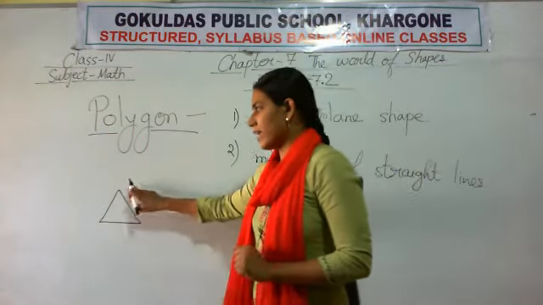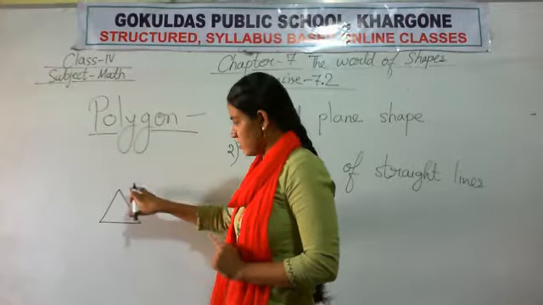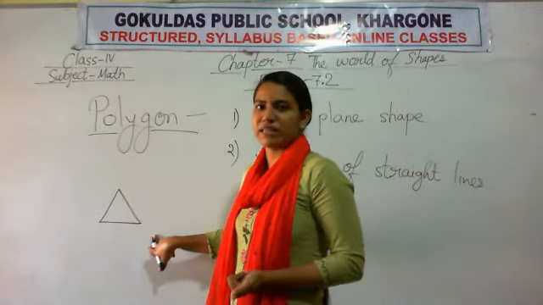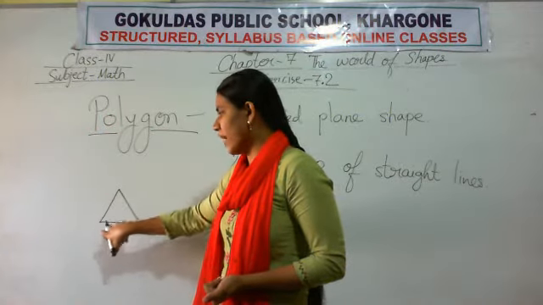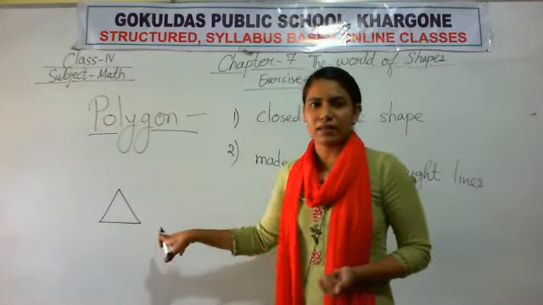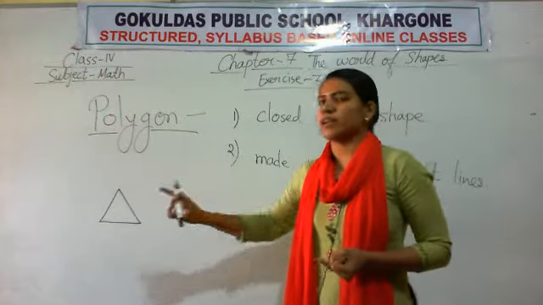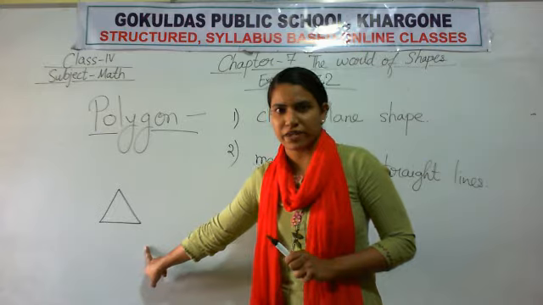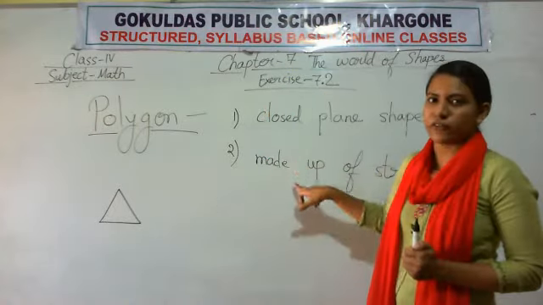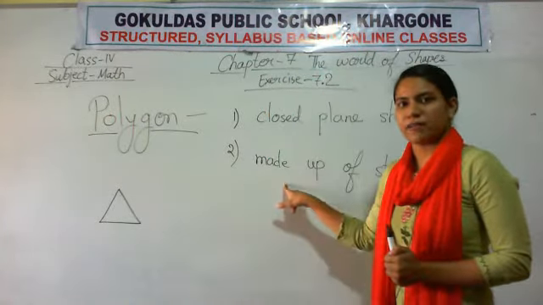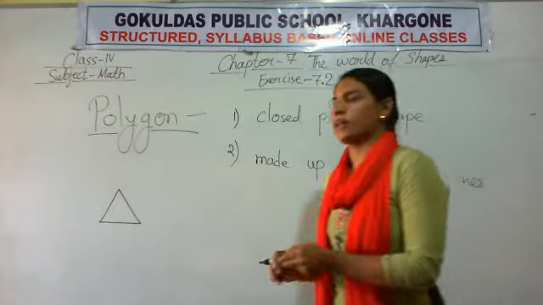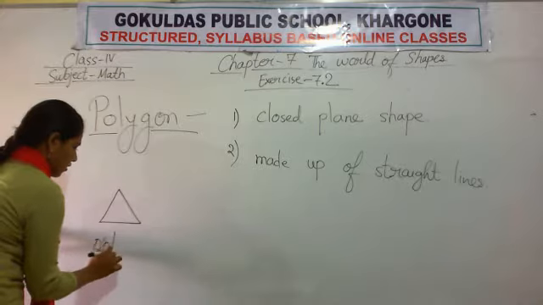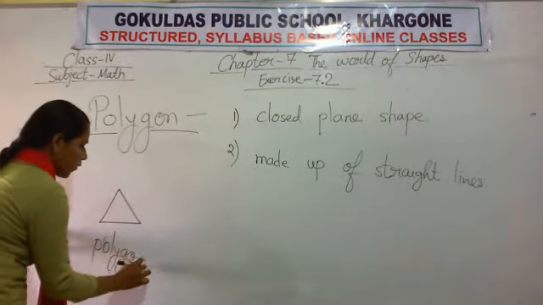A triangle is made up of three straight lines. One straight line, 2 and 3, total 3 straight lines, right? Is it closed or open? It is a closed figure. So both the conditions are fulfilled, closed figure and made up of straight lines. So we call it a polygon. So a triangle is a polygon.